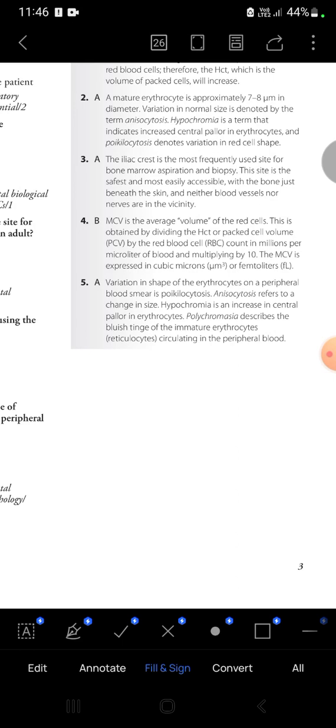So poikilocytosis determines the shape, anisocytosis determines the size, and hypochromia is increased central pallor in erythrocytes.